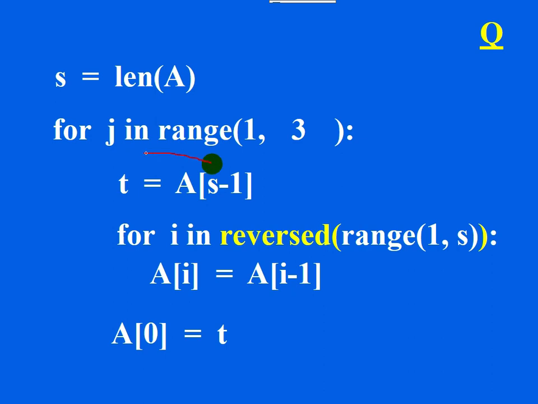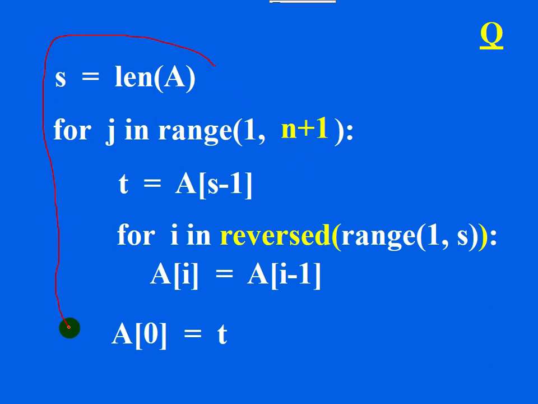So in order to shift all the elements by two positions to the right, repeat this code two times, and in order to repeat the code two times, you can write the loop like this: for j in range 1, 2 plus 1. So if you want to shift all the elements by n positions to the right, here instead of 3, it becomes n plus 1. Because when it is 2, it is 2 plus 1. So if it is n, it is n plus 1.